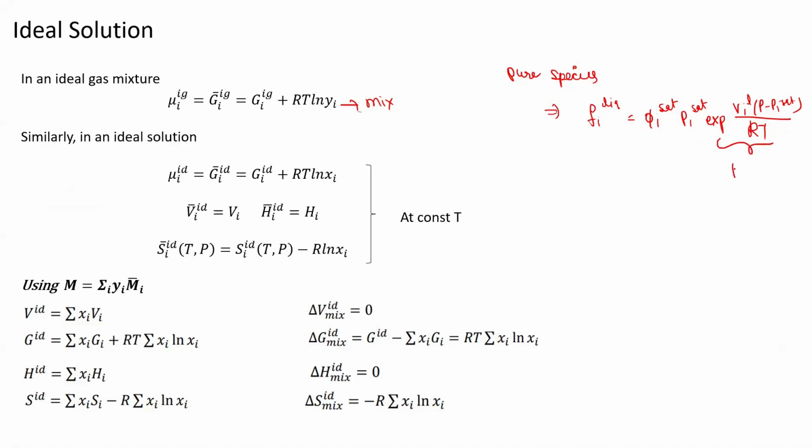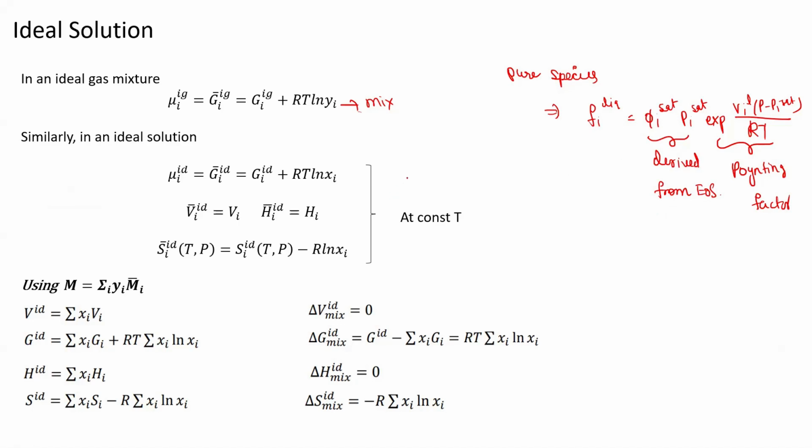So this is the Poynting factor, and these are derived from the equation of state.